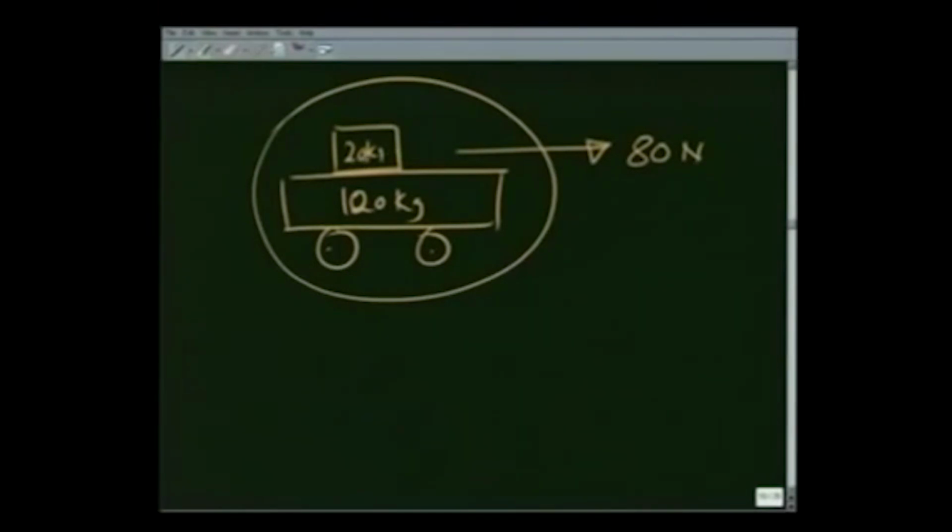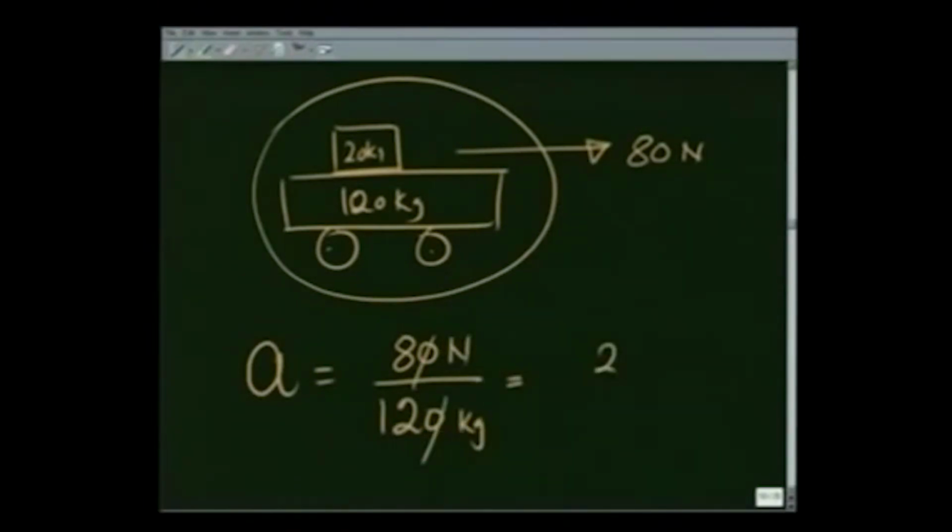There is no relative acceleration, they are moving together and therefore their acceleration together is going to be 80 divided by 120, newtons over kgs, which is going to be 2/3 meters per second square.